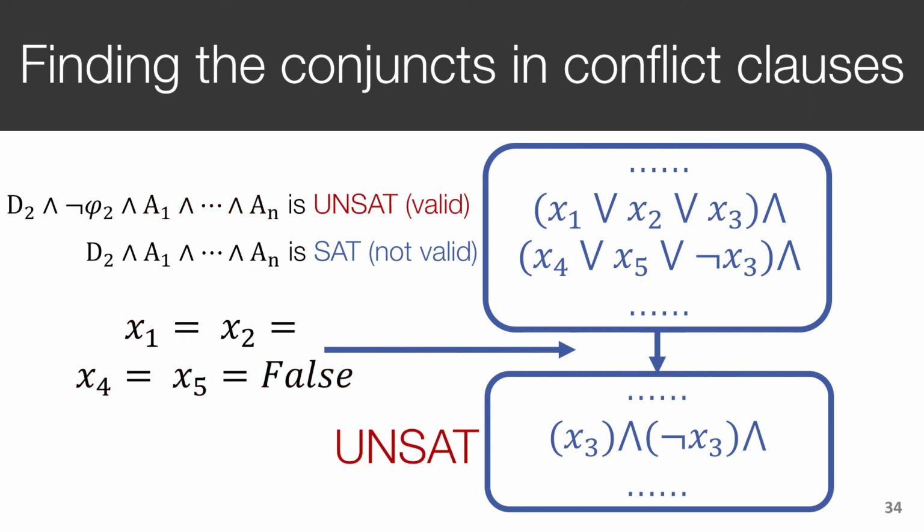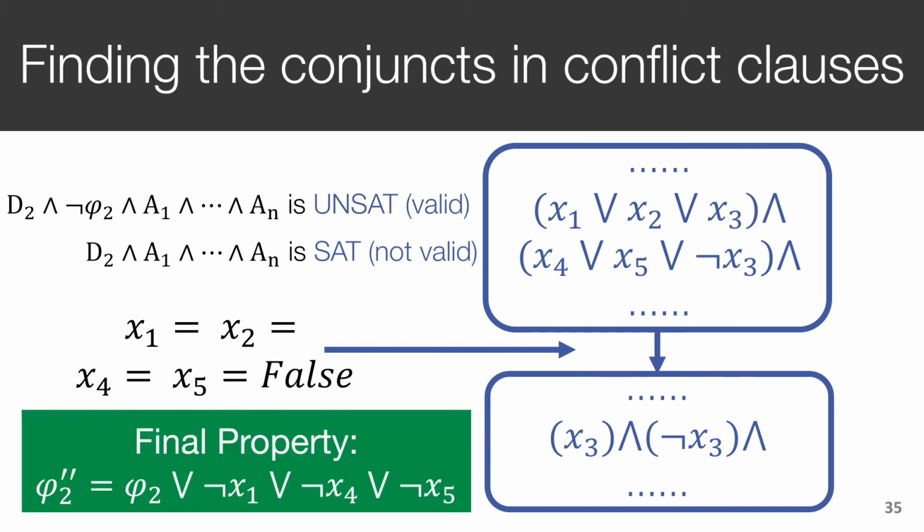And the whole formula is made to be false, which is unsat. In this way, we can find our new property phi equals phi or not x1 or not x4 or not x5.